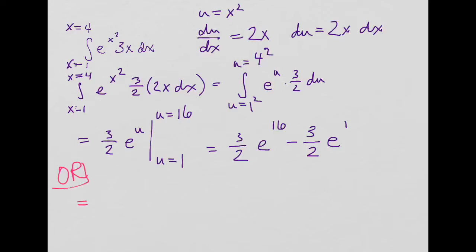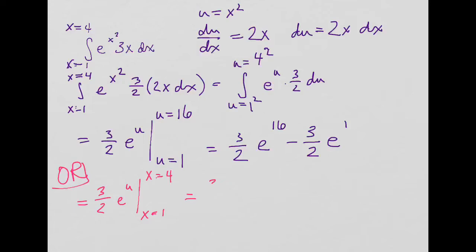Or we could have left our limits of integration the same. So we would have had 3/2 e to the u, going from x equals 1 to x equals 4. But the only thing we now need to change is the u back to x.